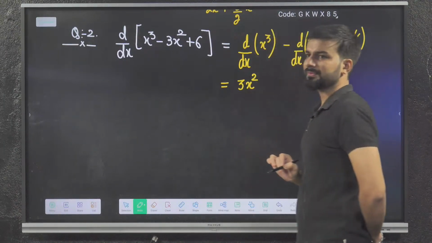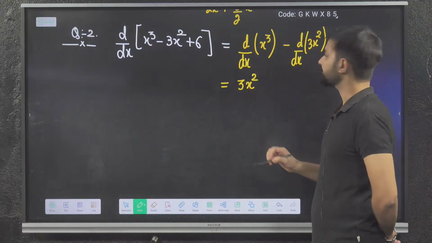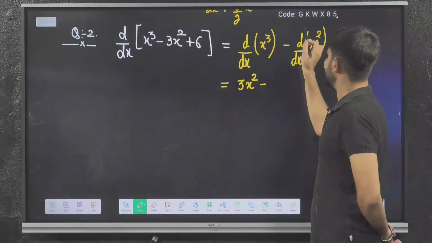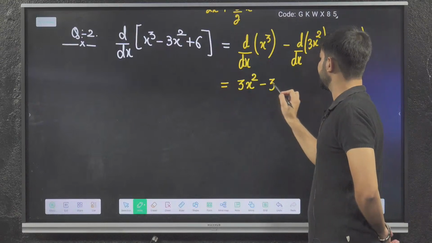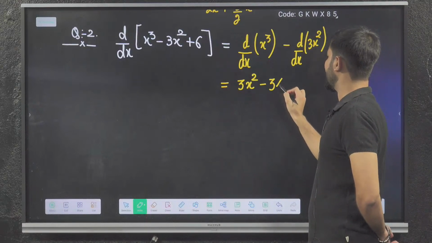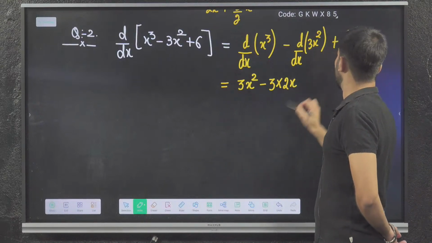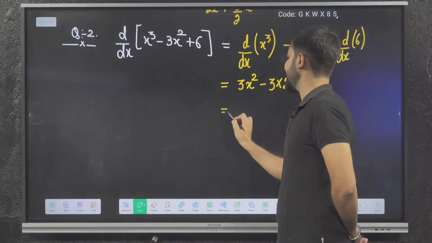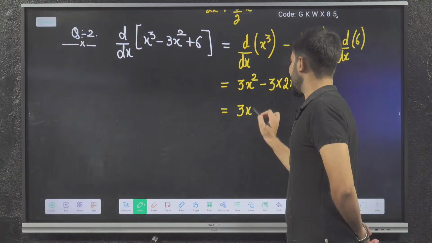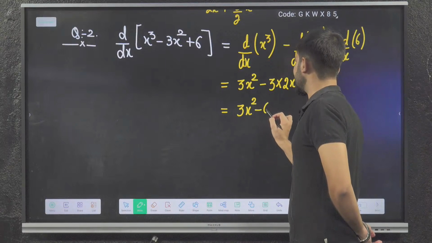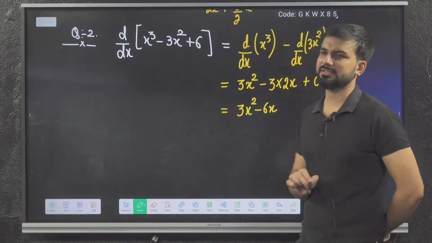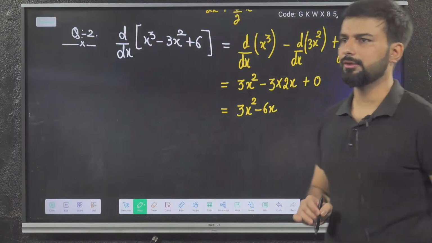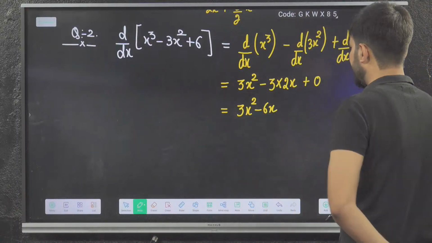So it will be 3x square. Then for 3x square, 3 cannot do anything, the constant will come out. What is the differentiation of x square? It will be 2x. What will be the differentiation of the constant? 0. So what is the answer I will get in this question? 3x square minus 6x. This much easy the differentiation questions are. I hope this is also clear to everyone. Very good. Next question.